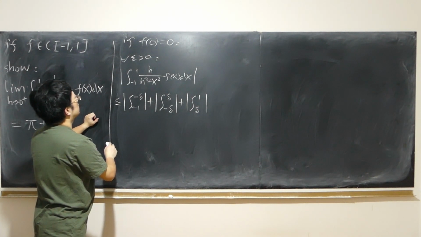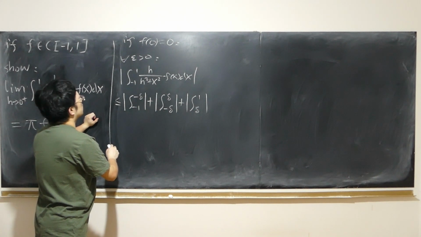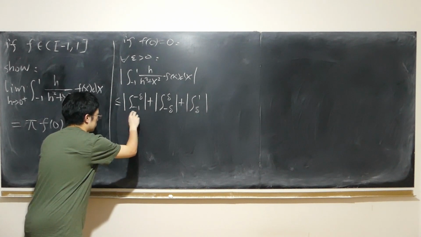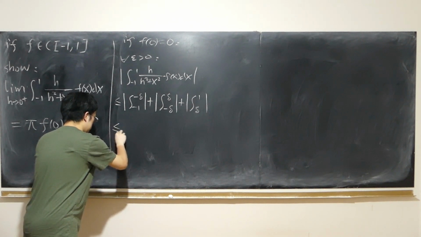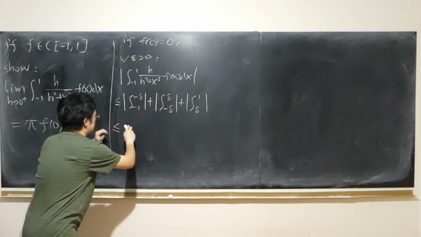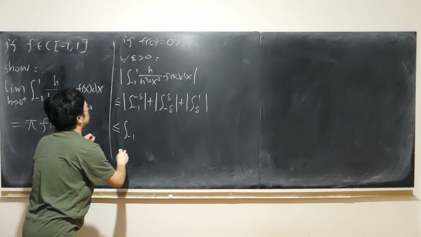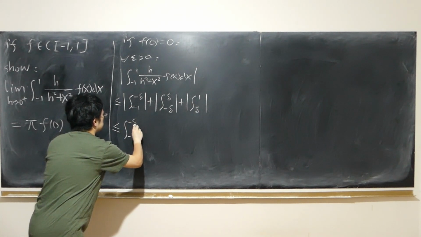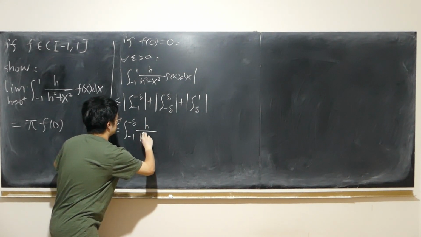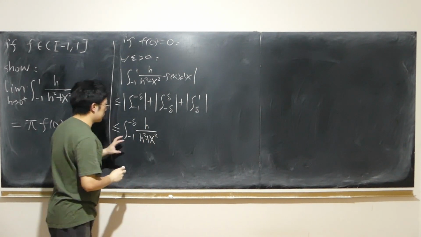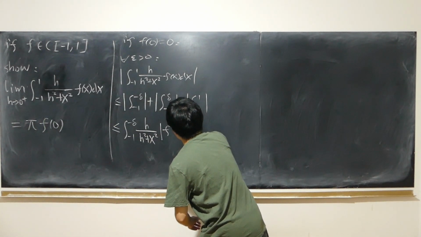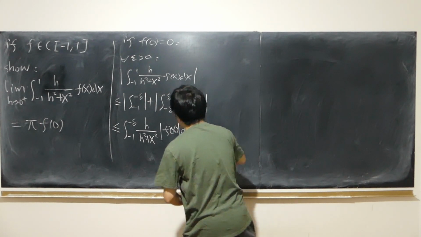And of course, for this integral, for example, take the absolute value inside the integral from -1 to negative delta of h over h squared plus x squared, which is already positive, times the absolute value of f(x) dx.